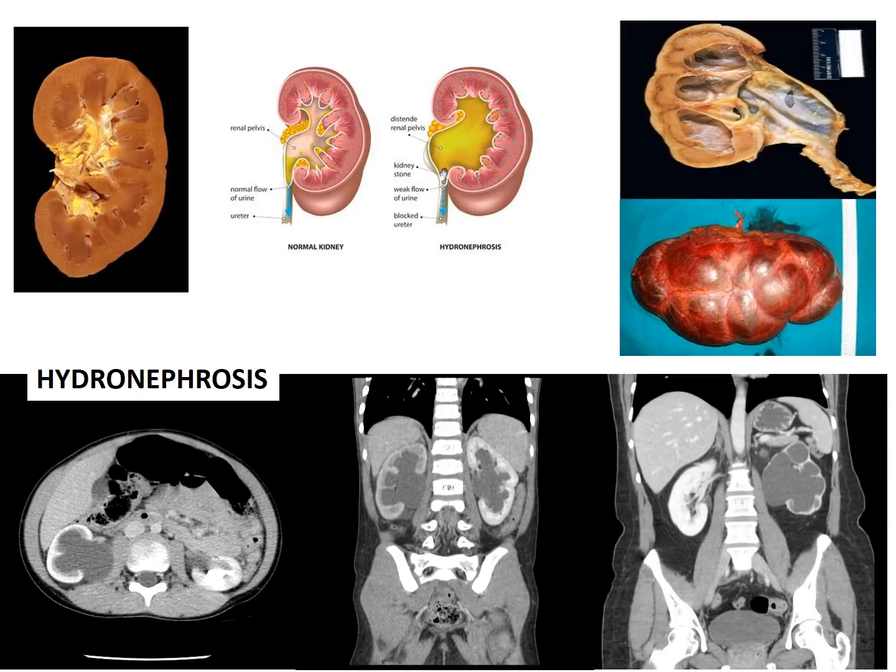And then particularly in that last coronal CT scan, do you see how much hydronephrosis there is, and look how thin the renal tissue is compared to the unobstructed kidney.